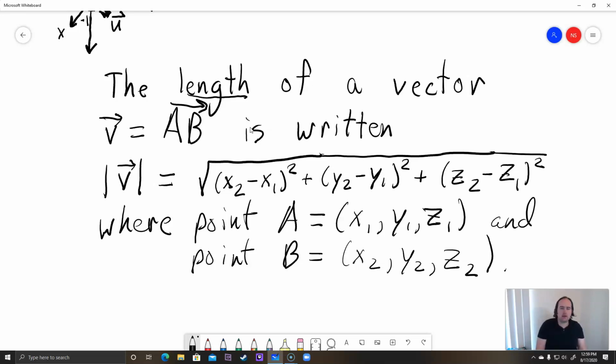Okay, so that's the length of a vector v equals AB, going from point x1, y1, z1 to x2, y2, z2.